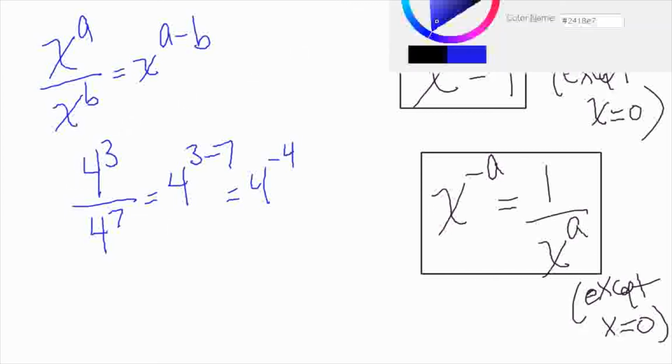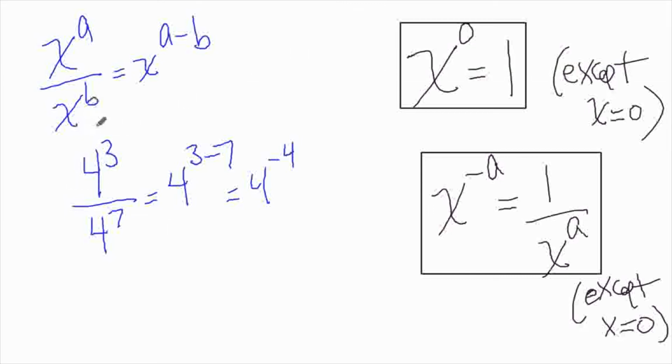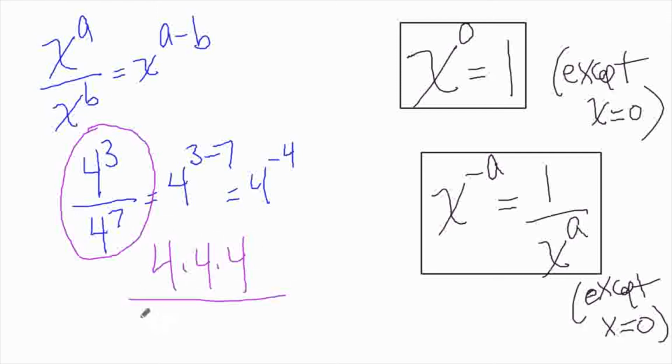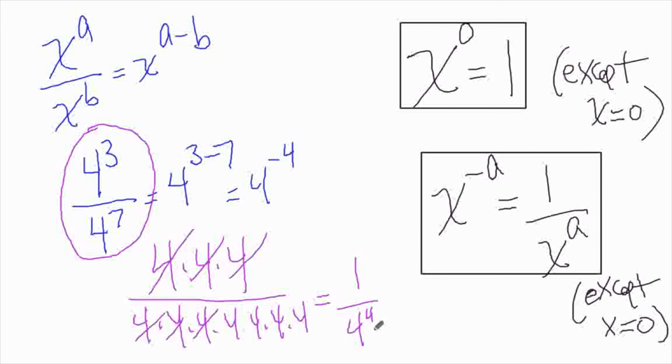Let's rewrite the original as repeated multiplication. You have 3 4s on top and 7 4s on bottom. Forgetting about exponents, you would just cancel, and you would get 1 over 4 to the 4.